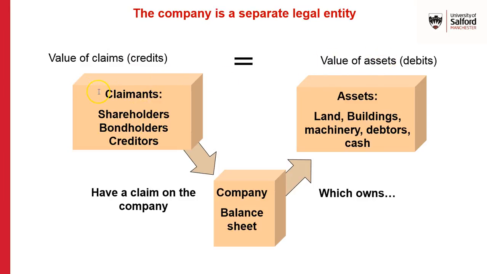If the value of the assets are greater than the claims, then it means something is wrong with the accounts, because the company cannot own goods without it coming from somewhere, right? It's not an owner of itself, if you like. So it has to be equal for the accounts to be a proper representation of the assets and liabilities of the company. Again, we use the term liabilities as a general word for the claimants.